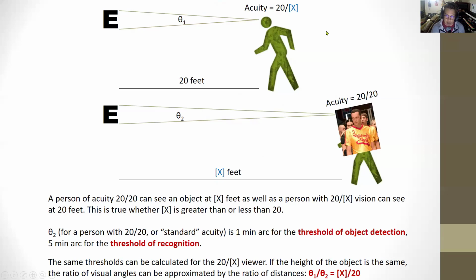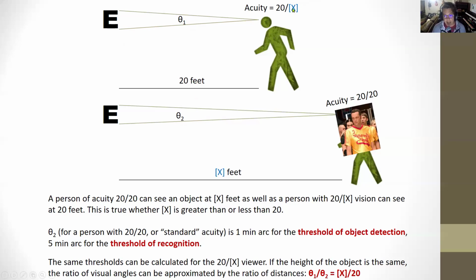Now, I've already derived it here, but we're going to go through the derivation a little later. But recognize that there is a relationship here between the ratio of these two angles. So this person, whatever their acuity is, there is a subtended angle. Doesn't matter what x is, this theta will be constant if this distance is constant and this size doesn't change.